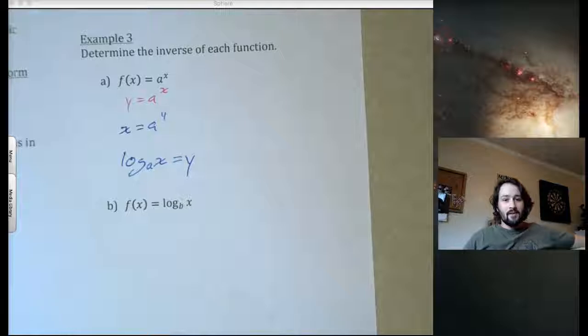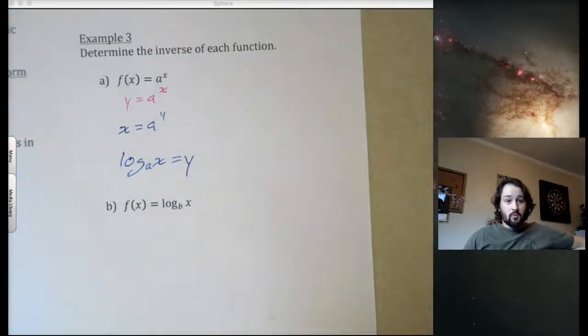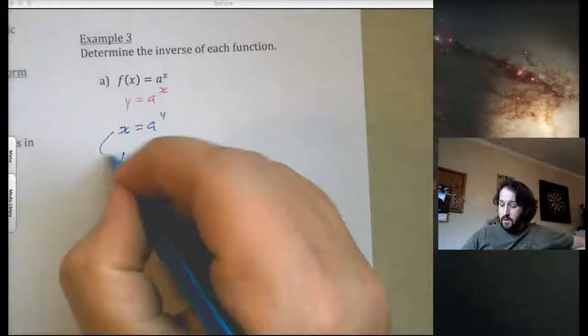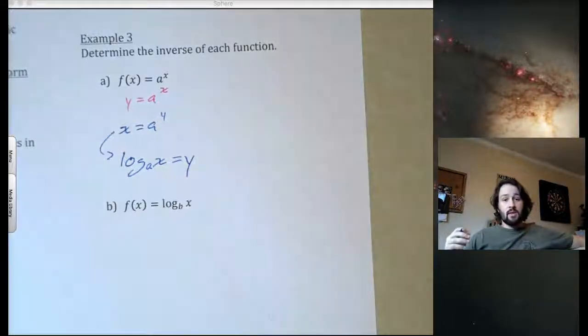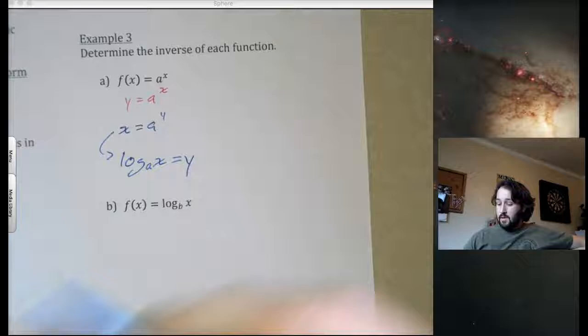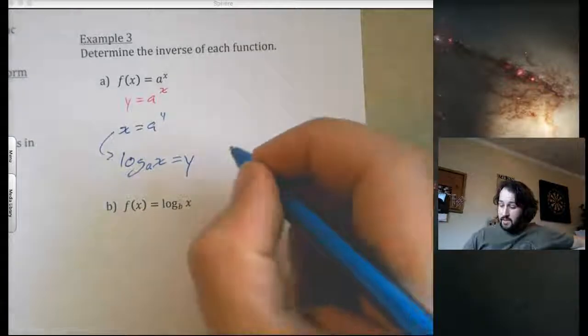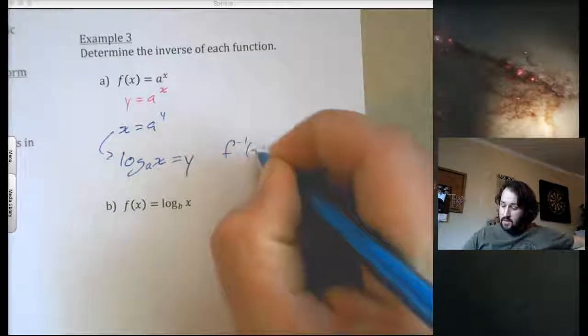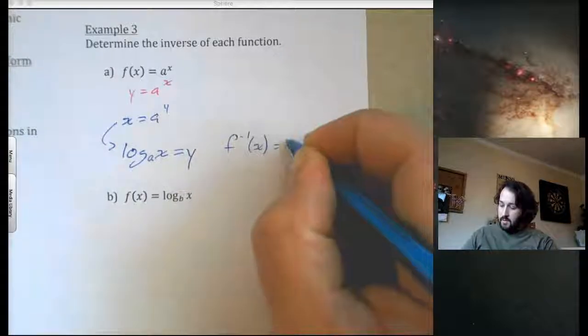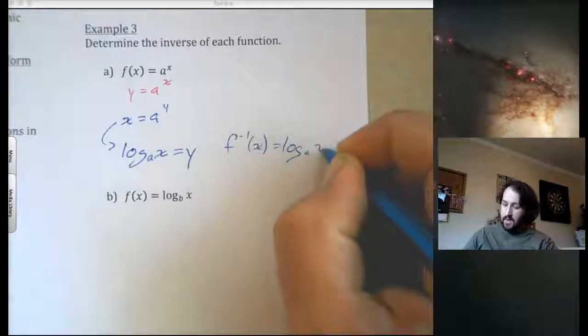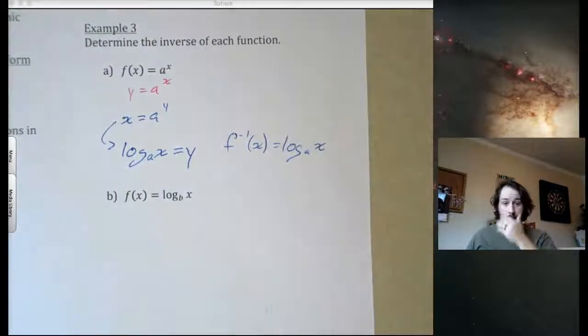Right? We got the y by itself. All we did was rewrite in logarithmic form. So I went from exponential form to logarithmic form, the same thing we've been practicing all video long. So now the y is by itself, so I'll just say f inverse of x equals log base a of x. That's it. Same thing going backwards.